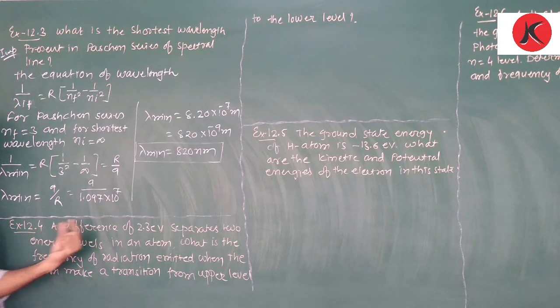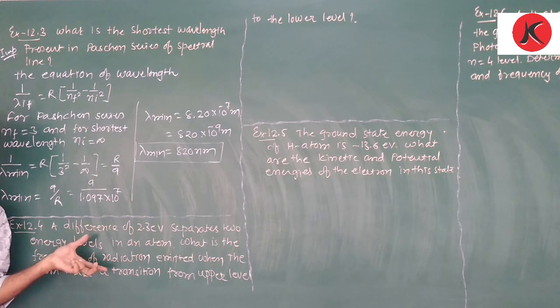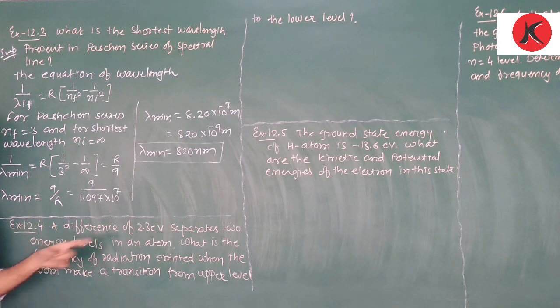Now, the next numerical, exercise 12.4. An energy difference of 2.3 electron volt separates two energy levels in an atom. What is the frequency of radiation emitted when the atom makes a transition from the upper level to the lower level? Here the energy difference between the two energy levels is given, that is 2.3 electron volt.